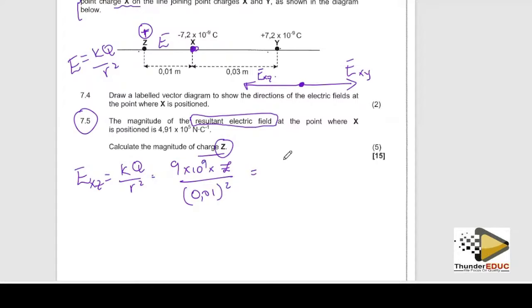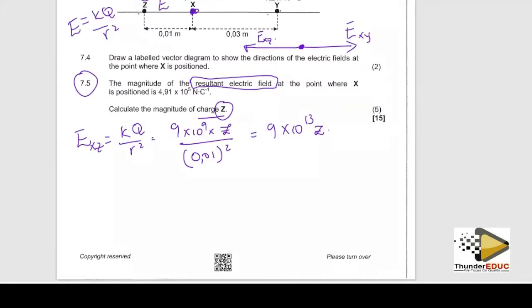That is giving me 9 times 10 to the 13 Z. And then when I look at the electric field XY, it's going to be the same. The Q that I'm using is the Y, over R squared.